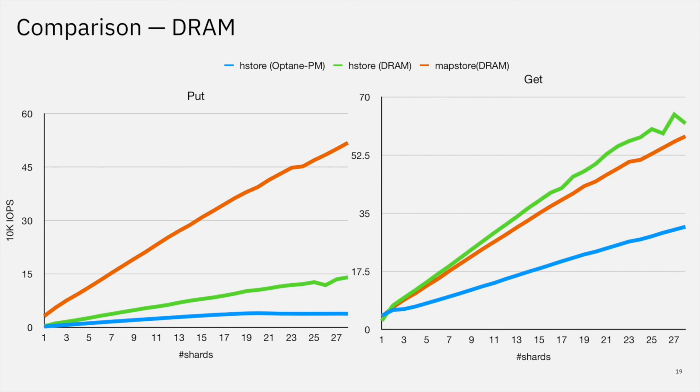Next, this graph shows the scalability compared to DRAM. Similarly, we see that all of the three scenarios scale very well with increasing threads. MapStore still outperformed the other two for the puts. However, interestingly, we see that as the workload increases, HStore DRAM starts to outperform MapStore.